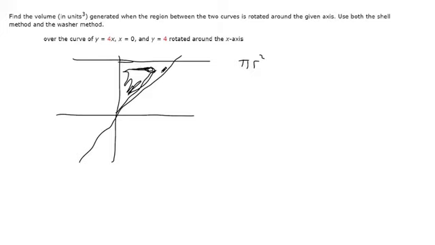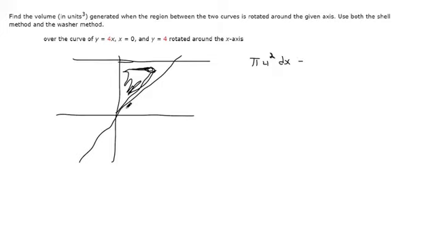Okay, the radius for the bigger cylinder is always going to be 4, because that's the distance from 0 to y equals 4. So we've got this big cylinder, pi r squared times h, where I'm going to integrate with respect to x, because the height is infinitesimally small. We're taking these really, really small cylinders. That's the big one, and we want to subtract the smaller one.